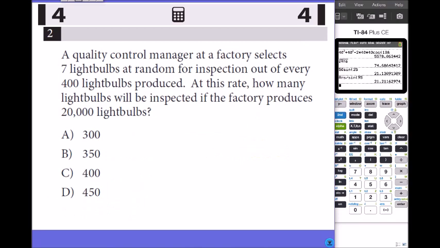Number 2, a quality control manager at a factory selects 7 light bulbs at random for inspection out of every 400. So 7 out of 400 was selected. At this rate, how many light bulbs will be inspected if the factory produces 20,000 light bulbs? So out of 20,000, how many do you think will be inspected?